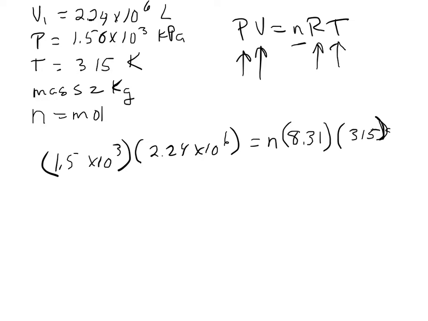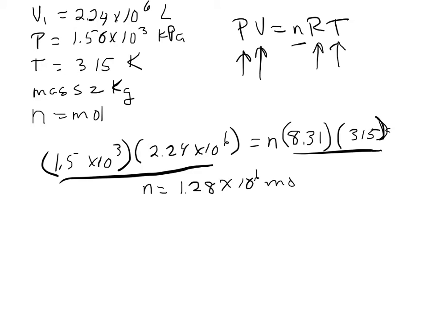Now I can just calculate that out. I'm multiplying this times this and dividing by these 2 here, and I end up with n equals 1.28 times 10 to the 6 moles of CH4. It said methane, CH4. Now, if I want to convert that to grams, I'm going to use the molar mass.